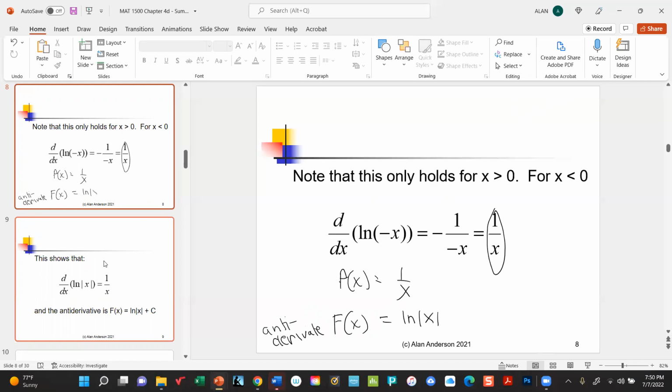We're going to call it the log of absolute x. So in other words, instead of having log x, x greater than 0, we'll consolidate all of that into just this.